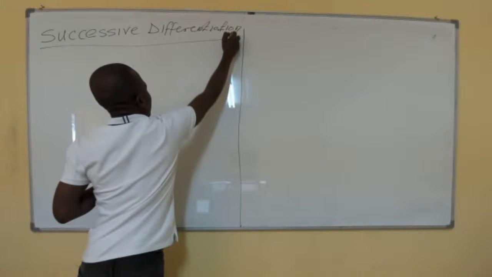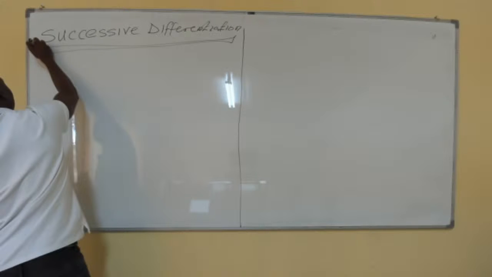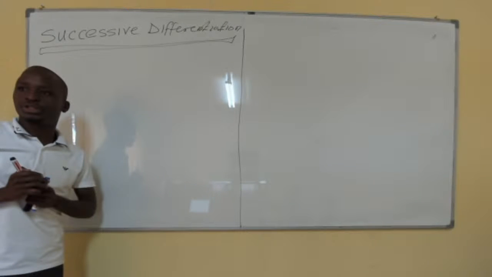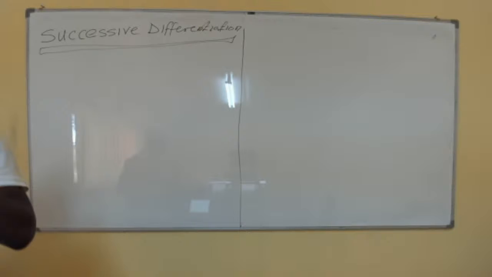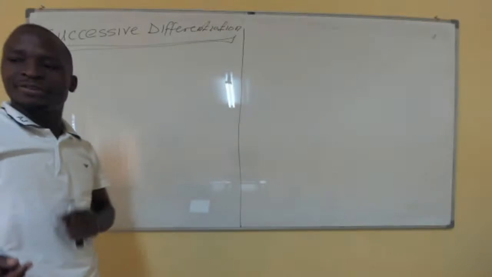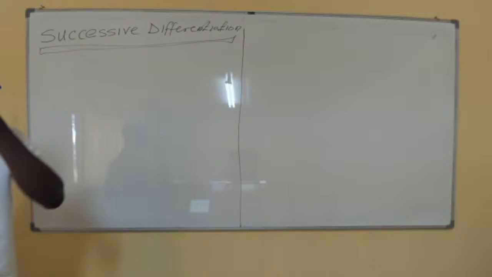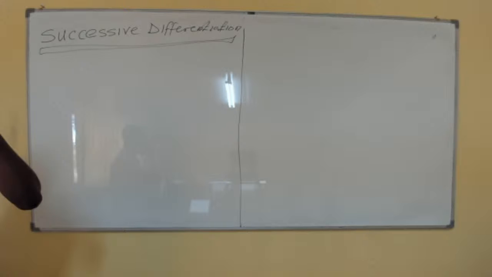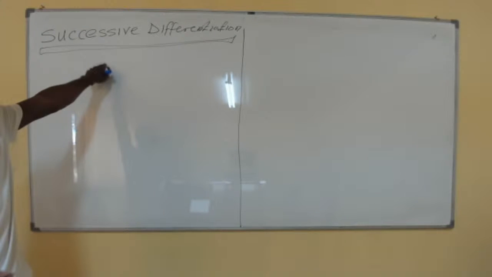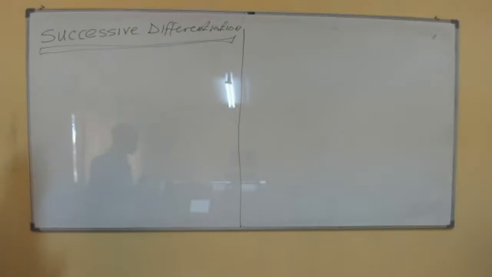This part of the topic is very important because we'll be using it to determine whether a given point on a curve is a maximum turning point or a minimum turning point. So we usually use the second derivatives.